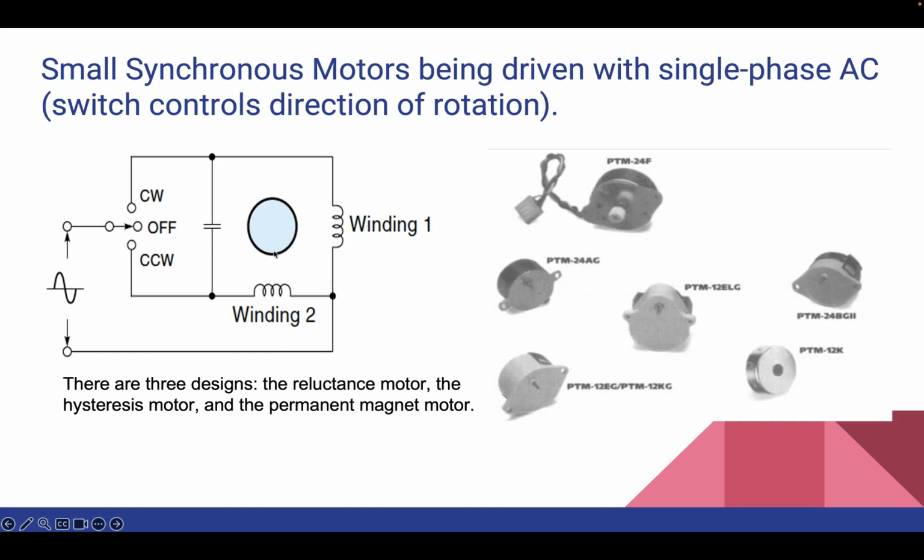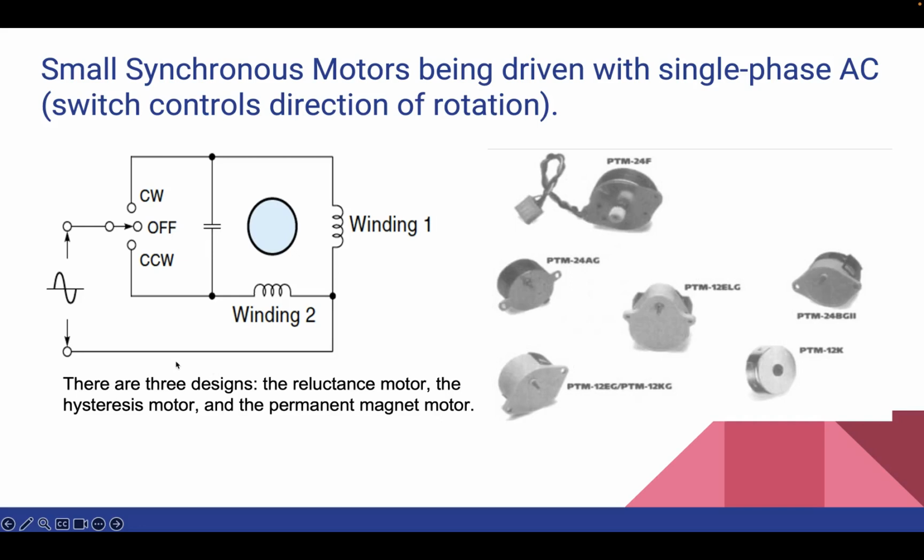Conversely, when the switch is in the down position, winding 2 receives the line voltage, and winding 1 is driven through the capacitor, resulting in rotation in the opposite direction, so the direction will be anti-clockwise. The middle position of the switch turns the motor off.